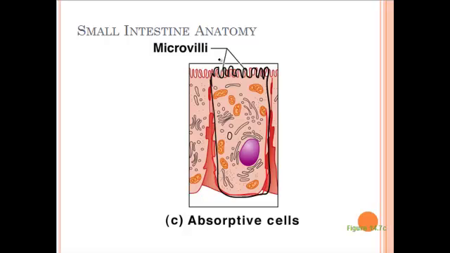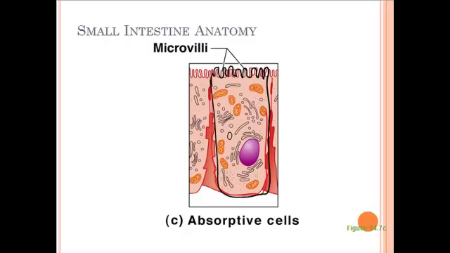So this huge amount of surface area is packed into our abdomen by all this folding and packing, and that allows us to do the absorption that we need to pull in all of our food.